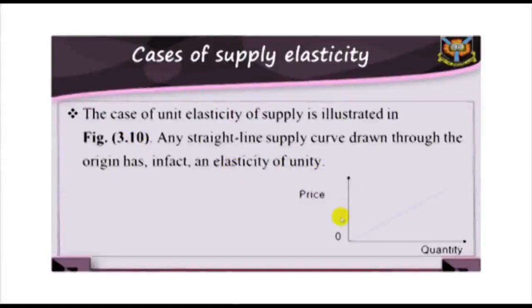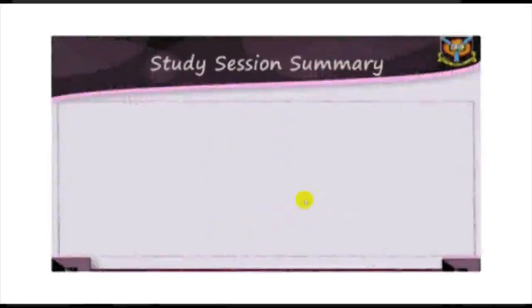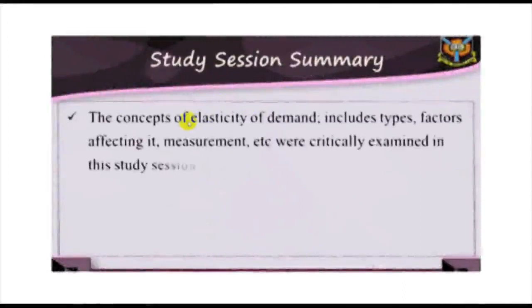Summary. Price elasticity of demand is defined as the responsiveness of demand to a change in price. There are different types of price elasticity of demand. These are elastic demand, inelastic demand, unitary elastic demand, perfectly elastic demand, and perfectly inelastic demand.